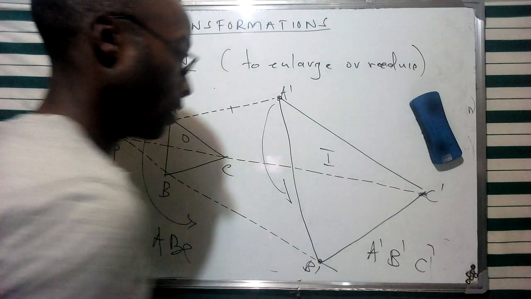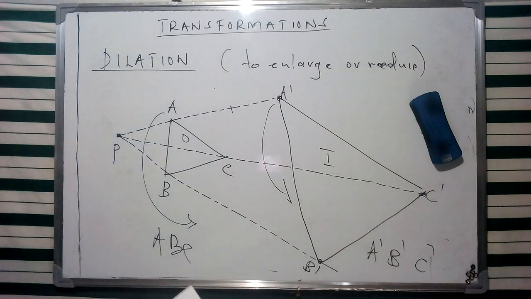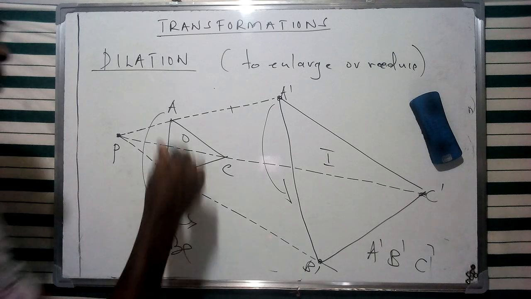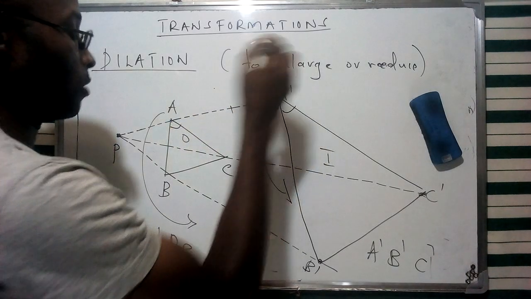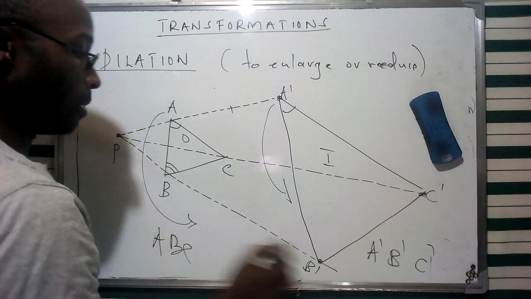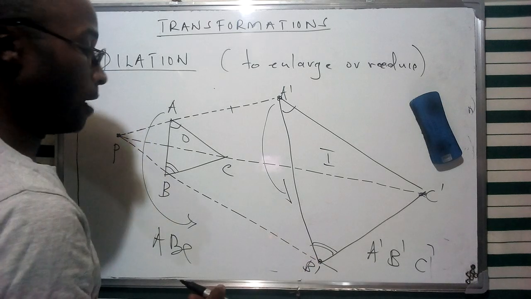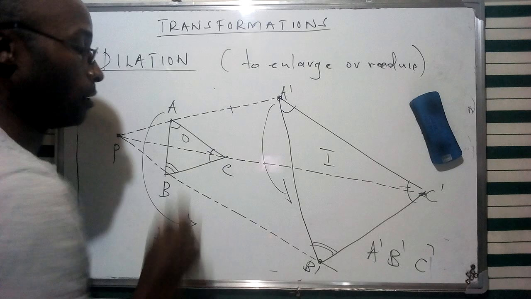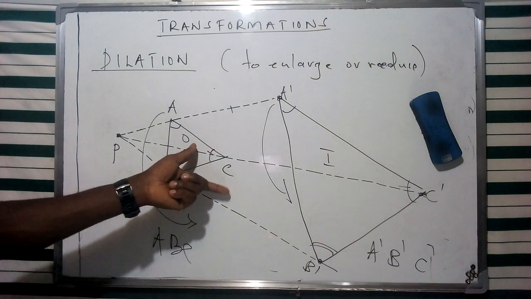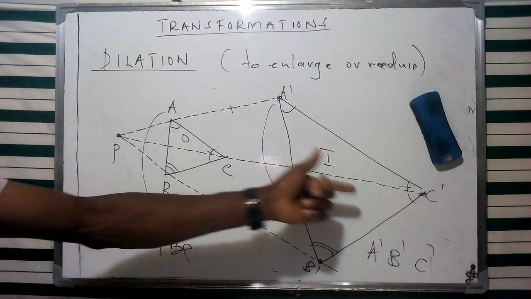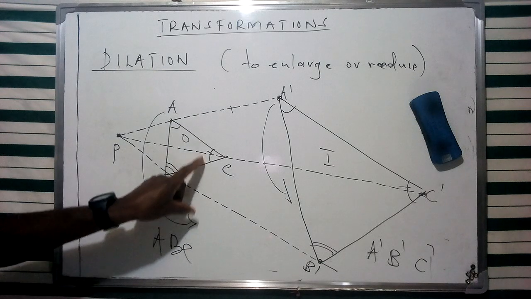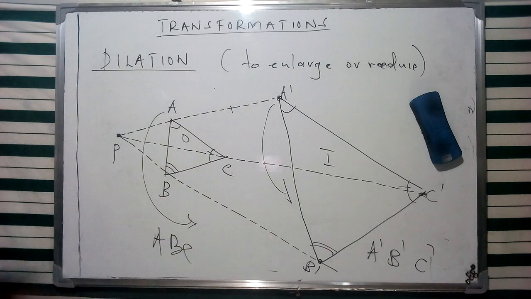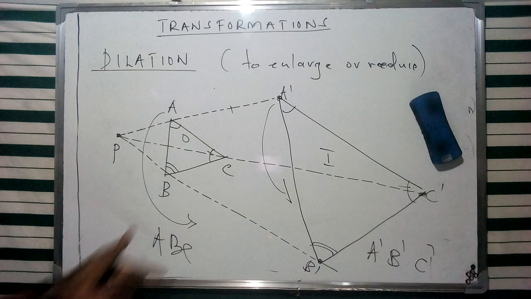So the orientation is preserved, and the angular measurement too: if this one is 60 degrees, that is going to be 60. If this is perhaps 65, that is going to be the same, and if it's 40, this is going to be the same. So in dilation, there's preservation of angular measurement and the orientation of the object.